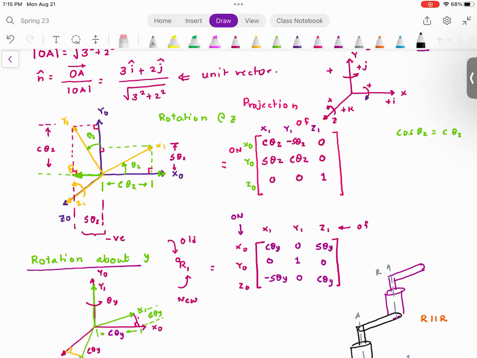What you do is you formulate the rotation matrix, you get the projection matrix, find the distances between the two frames, and that gives you your homogeneous transformation.